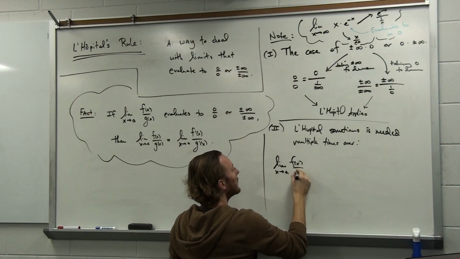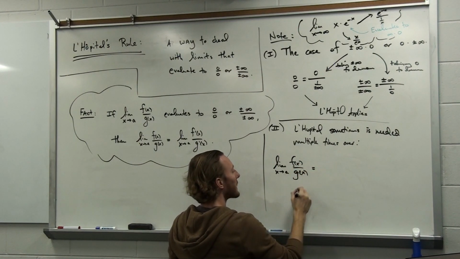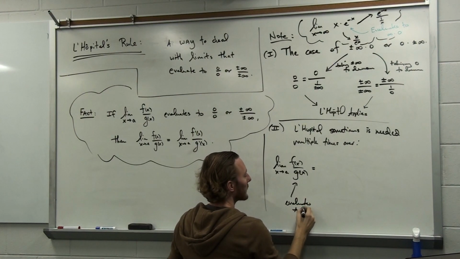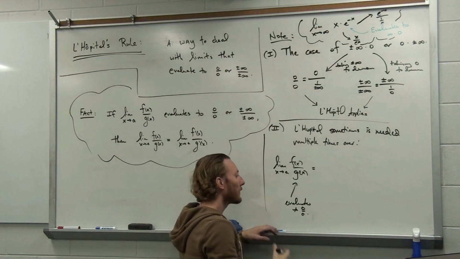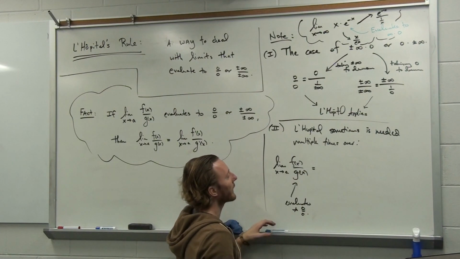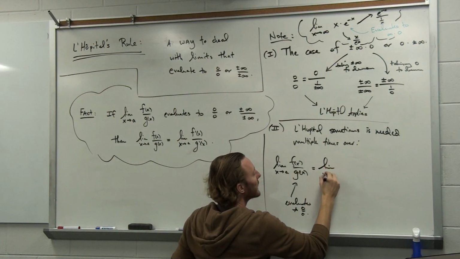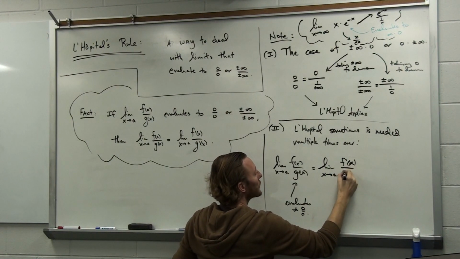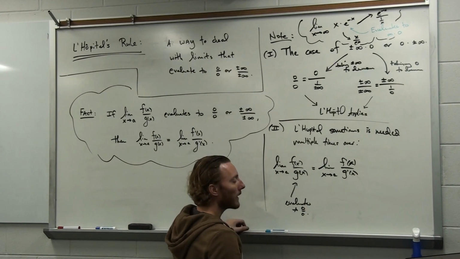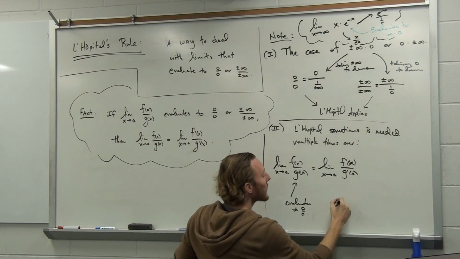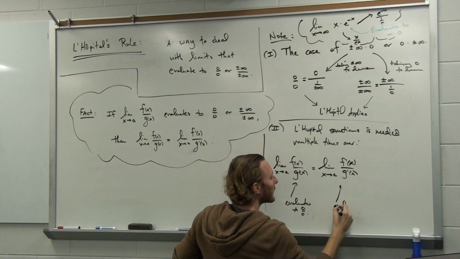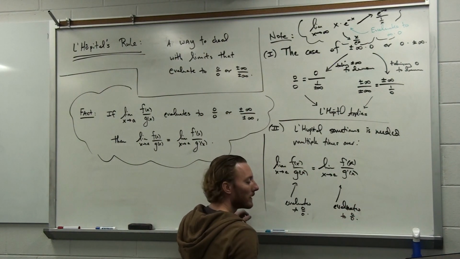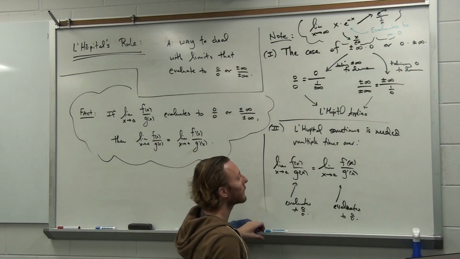Imagine you're working with this limit, and imagine it originally evaluates to 0 over 0. Well, if you evaluate to 0 over 0, or infinity over infinity, you could apply L'Hopital's rule, and you'd get the limit as x approaches a of f prime of x over g prime of x. You just take the derivative on top and bottom. But now imagine that after you took the derivative, it evaluates to 0 over 0.